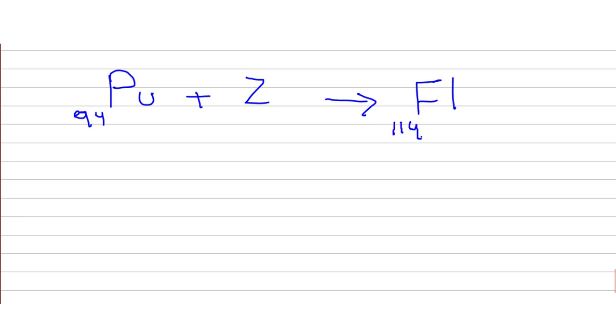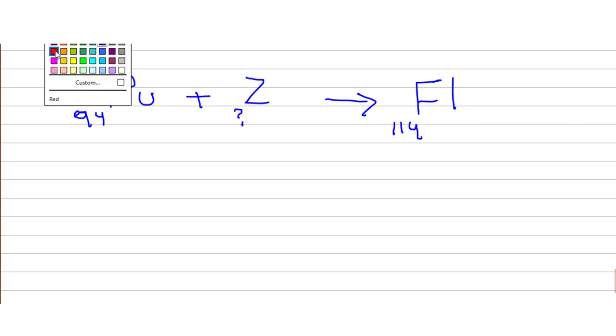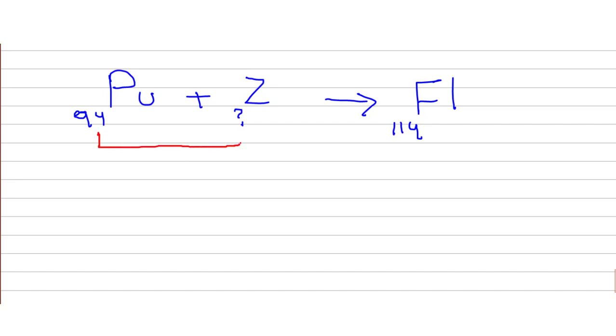This is 114. You know, guys, here this is 94, and of course this element Z, we don't know its atomic number or proton number, but you should remember here that the sum of proton number of plutonium plus proton number of Z should equal 114. So the proton number for Z should be 114 minus 94, because the sum of them will produce 114.